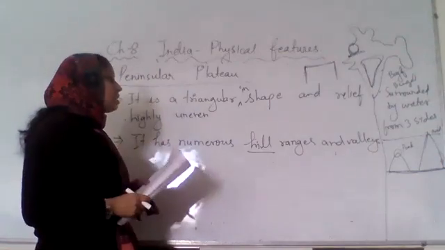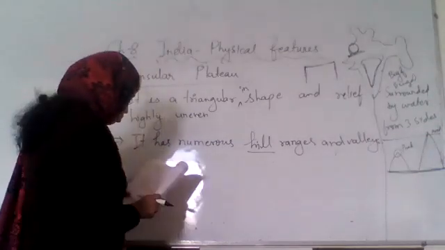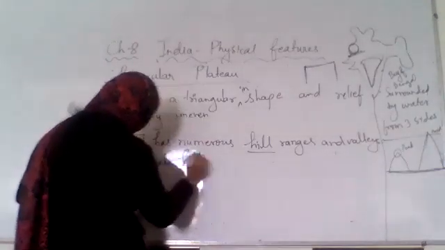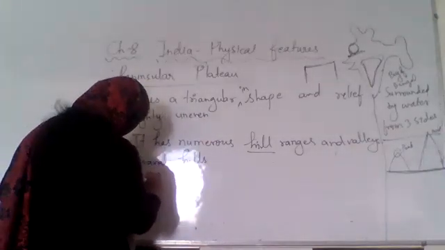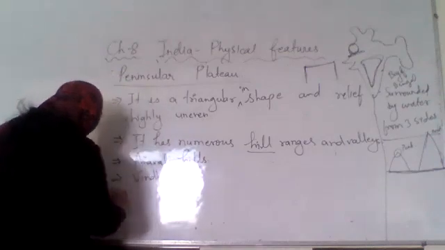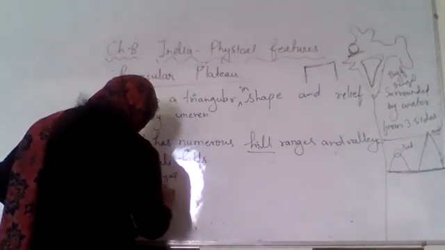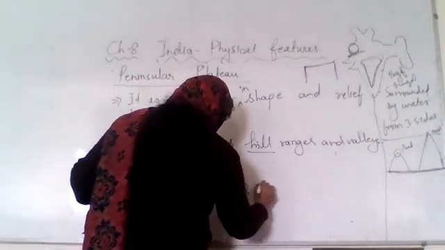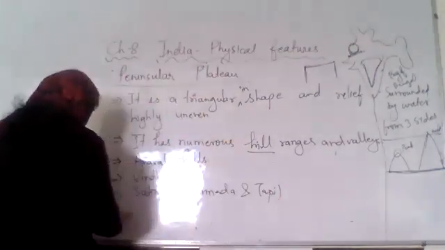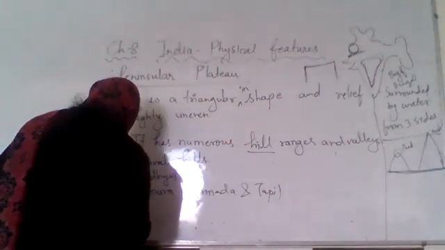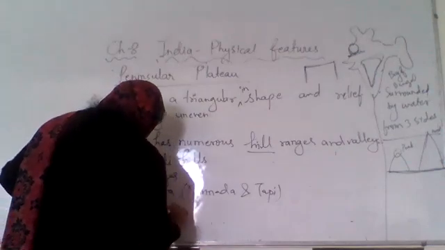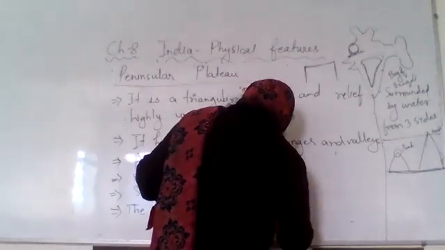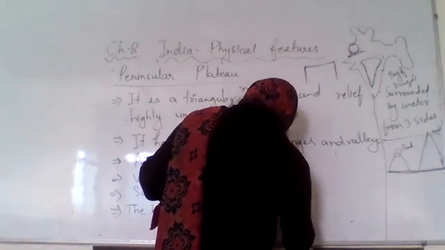So it has many hills and valleys. So it has Aravalli Hills. Then it has Vindhyas. Then you have Satpura. It is on the Narmada and Tapi. Narmada and Tapi river flows from there, Satpura. Then you have the Western Ghats, which is also called Sahyadri.